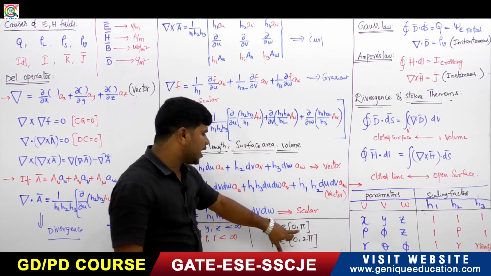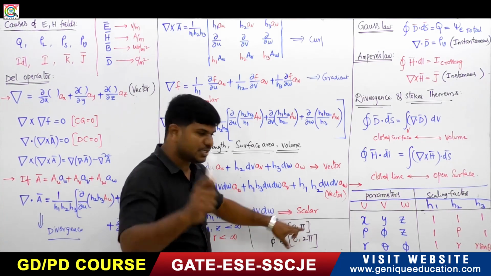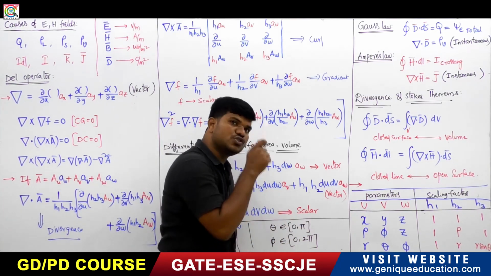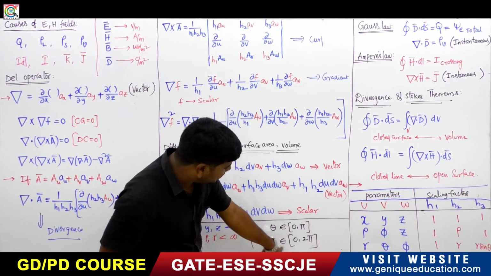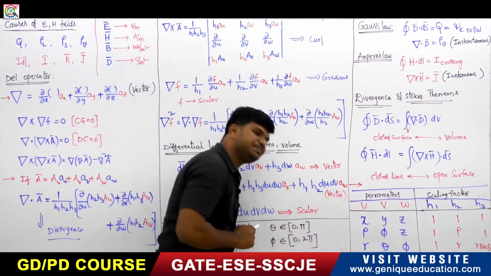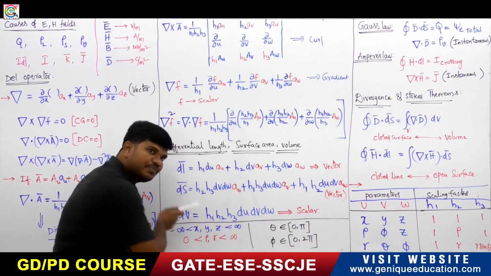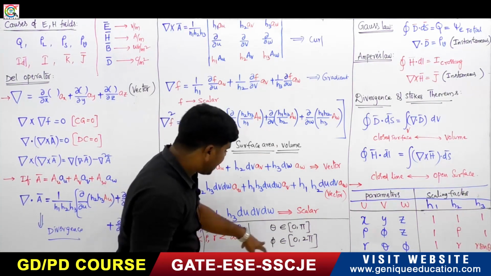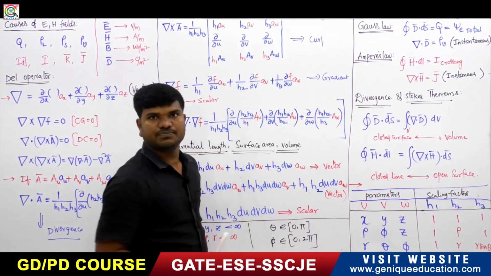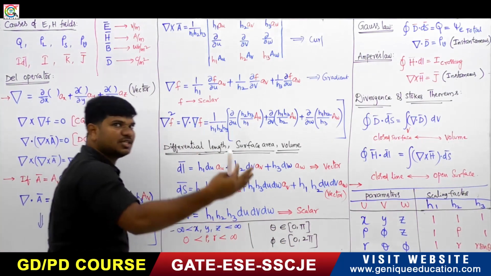You have to focus on this. Theta has a range of 0 to pi and phi has a range of 0 to 2 pi. Theta is called the elevation angle and phi is called the azimuthal angle.